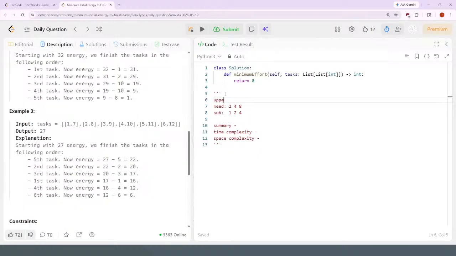Let's say the upper bound of the energy that you need would be, if you do the sum of all the requirements. If you do the sum of all requirements, that has to be the upper bound, right?